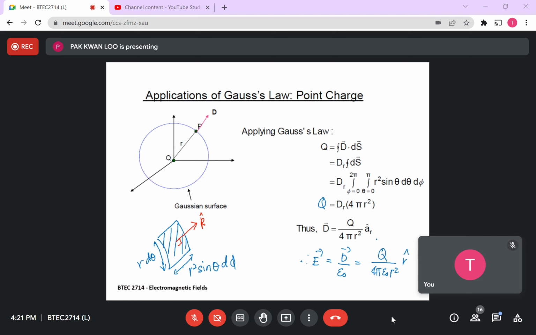These three, that's all, right? Normally, when we choose the Gaussian surface, it follows the distribution geometry of the charge. So for a point charge, why is it a sphere?